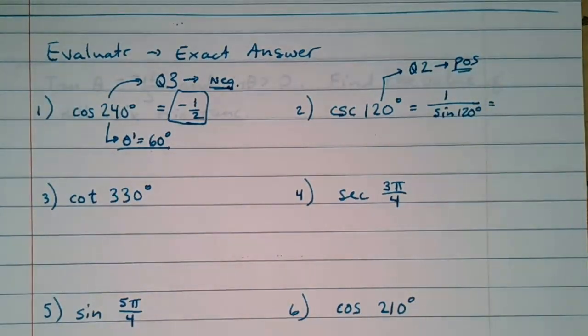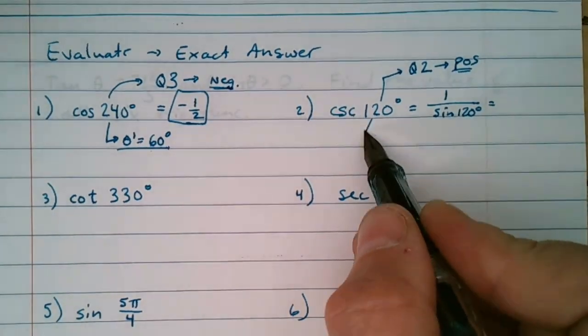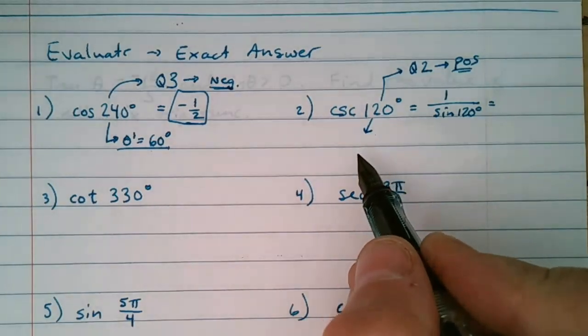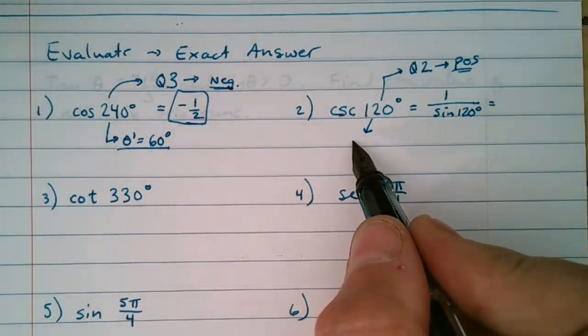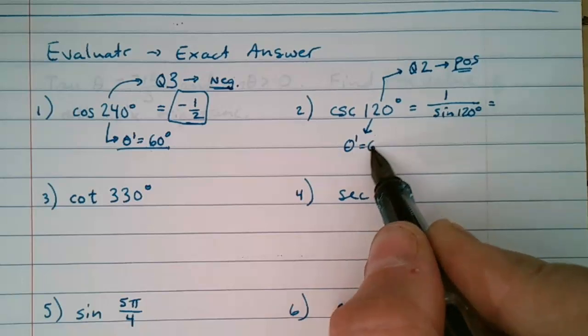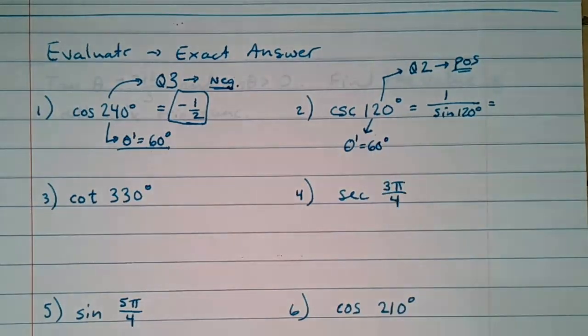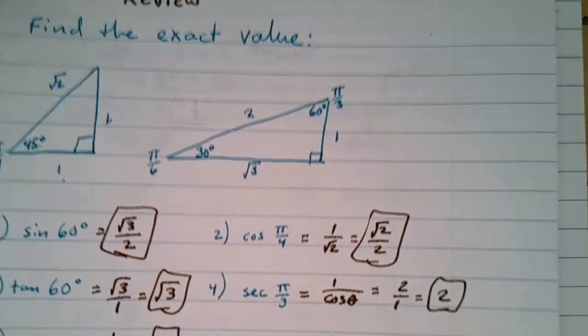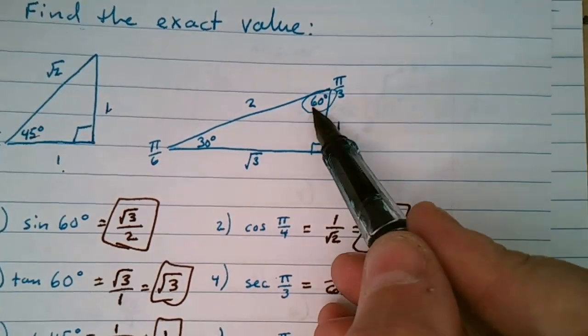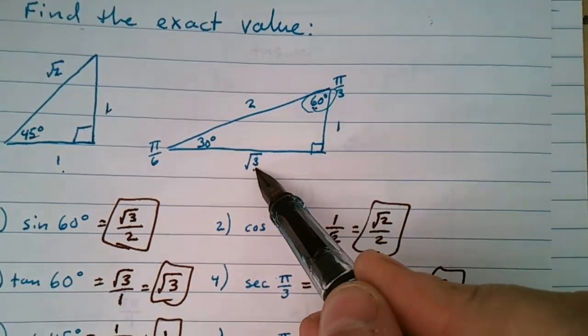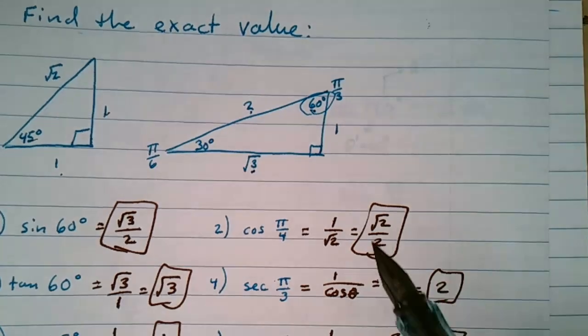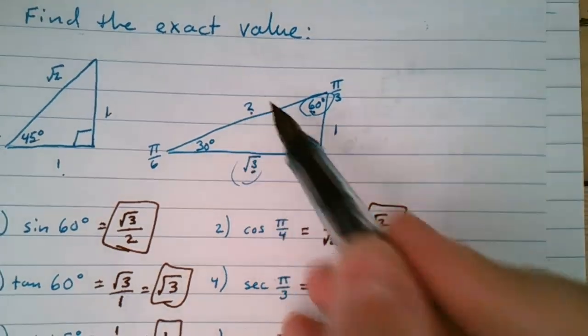Cool. And my reference angle, 120. Well, my nearest x-axis is 180. So that's going to be, guess what? 60 again. So what is the sine of 60? Well, you go to your drawing. What is the sine of 60? It is opposite over hypotenuse, which would be root 3 over 2.